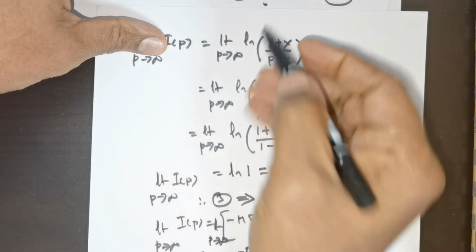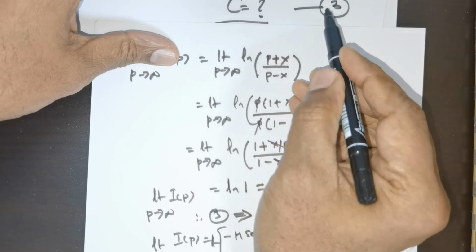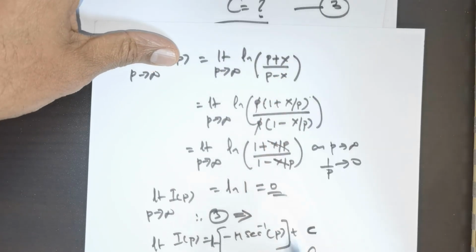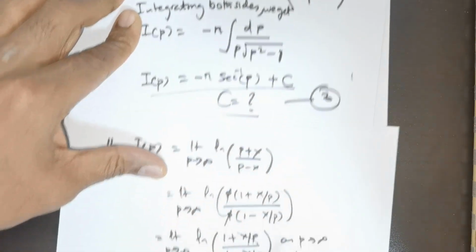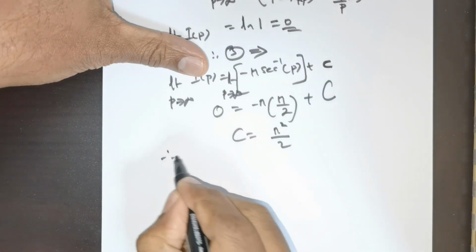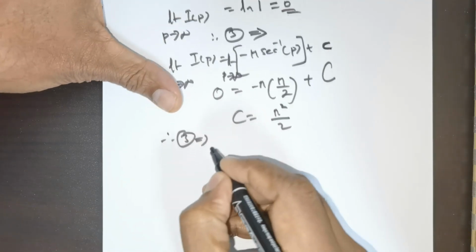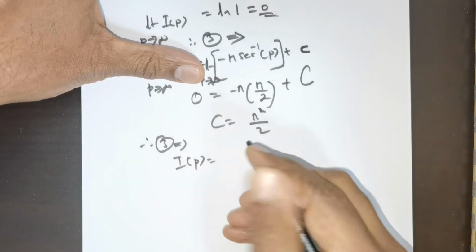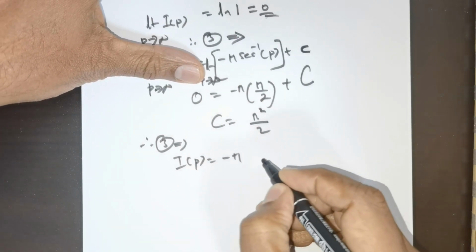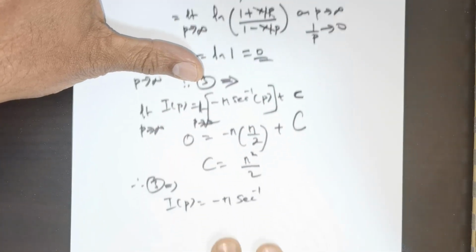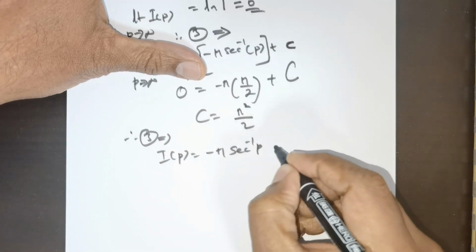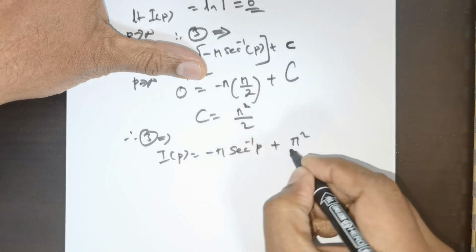Again, I'm going to rewrite 3. Using this information, 3 now becomes I of p is equal to negative pi times secant inverse of p plus pi squared over 2.